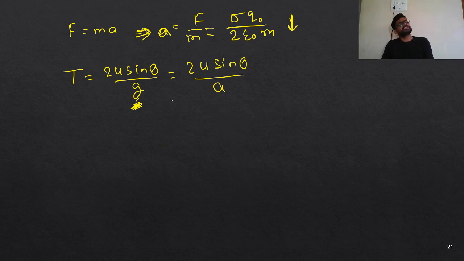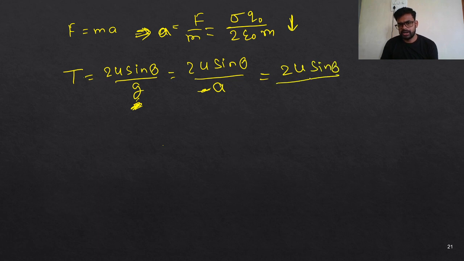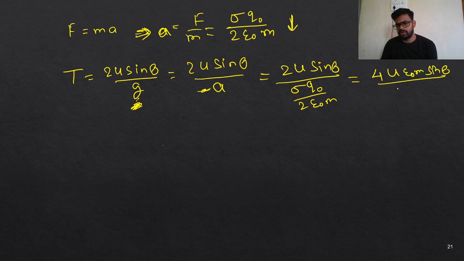Here also it is projectile motion, but instead of gravitational acceleration it is acceleration because of the electrostatic force. So the answer is 2u sine theta divided by sigma q naught upon 2 epsilon naught m. So what final answer are you getting? 4u epsilon naught m sine theta upon sigma q naught.